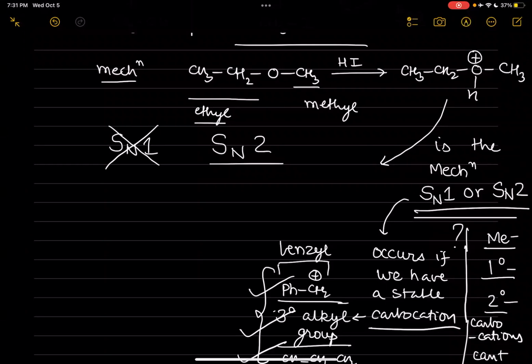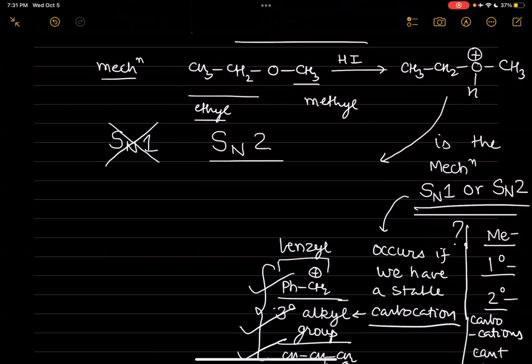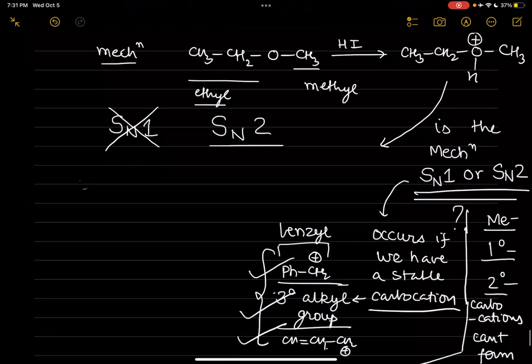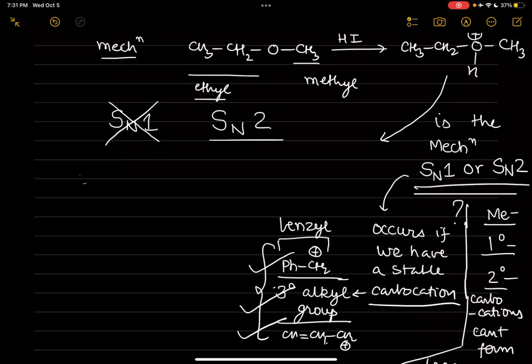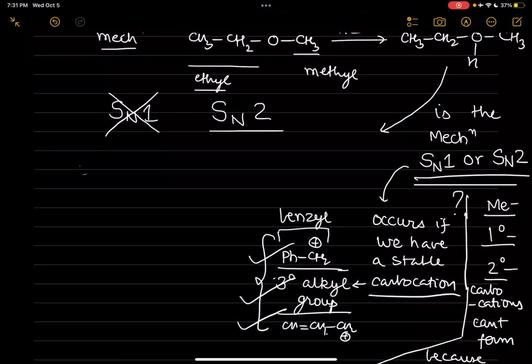So how was the SN2 happening? Remember? One group was coming in, the nucleophile was coming in and joining with the carbon atom, and the leaving group is simultaneously coming out. It is breaking away from the structure of the substrate.